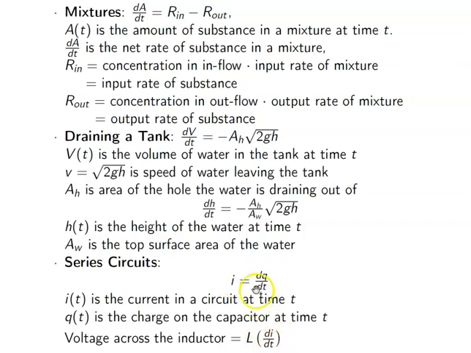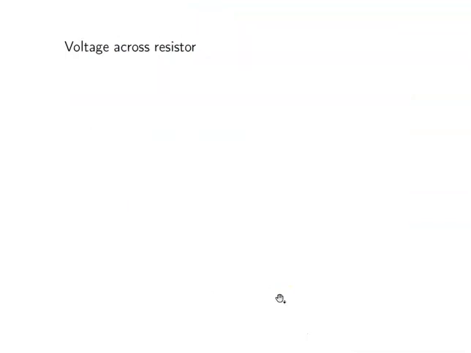Okay, if i is the first derivative of q, that means that the derivative of i is the second derivative of the charge. Okay, so the inductance times the second derivative of the charge on the capacitor. The voltage across the resistor is the current times the resistance. Okay, and the current we know is the first derivative of the charge.